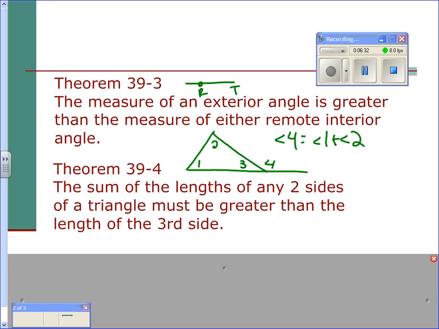All right, looking at theorem 39.4. The sum of any two sides of a triangle must be greater than the third.